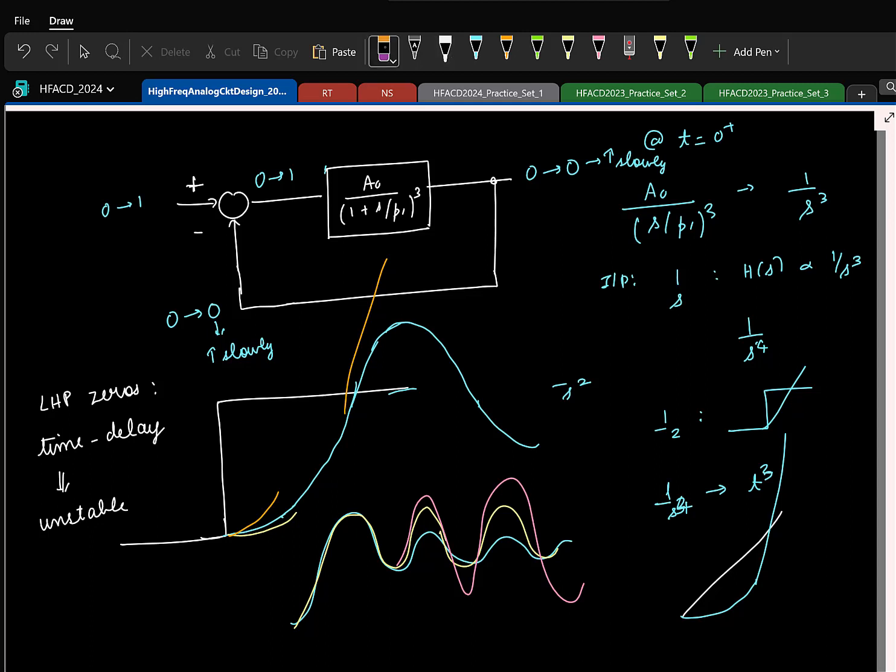Oh, sorry, thanks. Yeah, left half plane poles. Thank you. Okay, cool. So this is at least clear now, why the poles are making it go unstable.